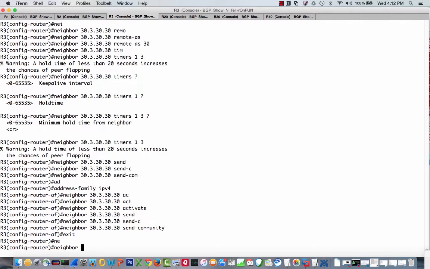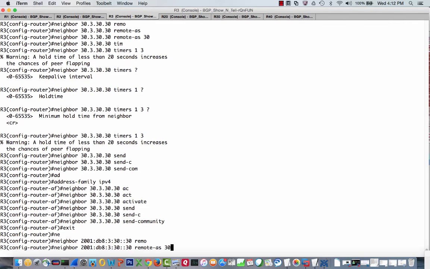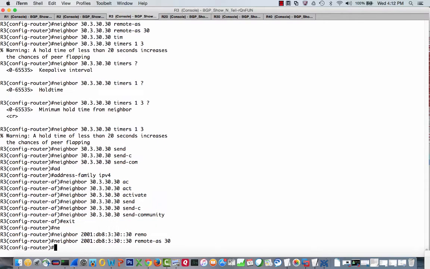So the neighbor is 2001:db8, and in my environment, this is router 3 talking to router 30, and the last part of the address is the router that I'm talking to. Remote autonomous system 30.